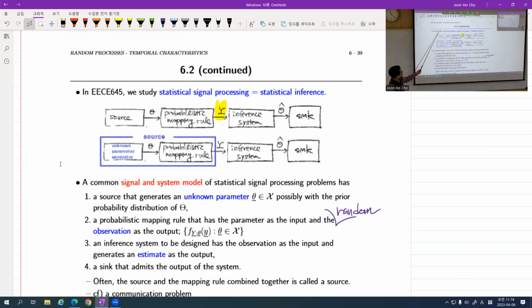So here, as I mentioned, the EECE574, even though it's a 600 level course, actually when I was a graduate student, this course was a 500 level course, which meant that it was for the master's graduate students. The reason why I got 600 level is that when I came here as a postdoc, there was no statistical signal processing course.